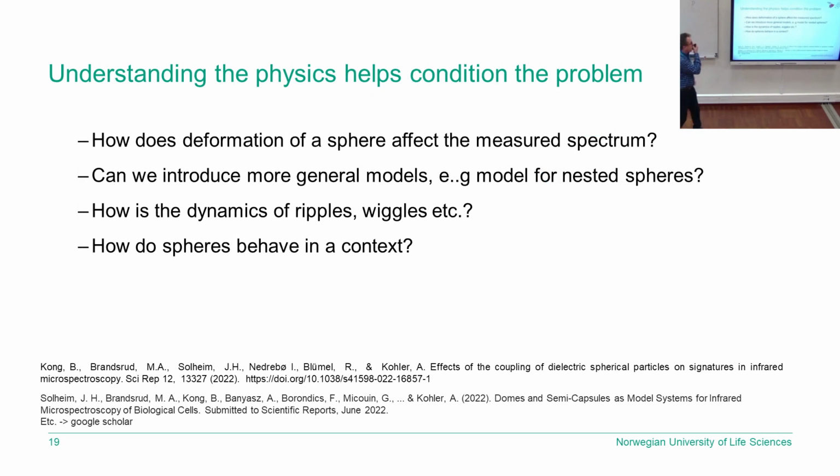So then we thought, okay, what we need to do is to condition the problem, and we can't solve this for everything, like for every particle. So you need to condition your problem in order to be able to go back and study deformation of spheres, and we studied nested spheres, and also the dynamics of the ripples and wiggles, and we've published a lot of papers about these.